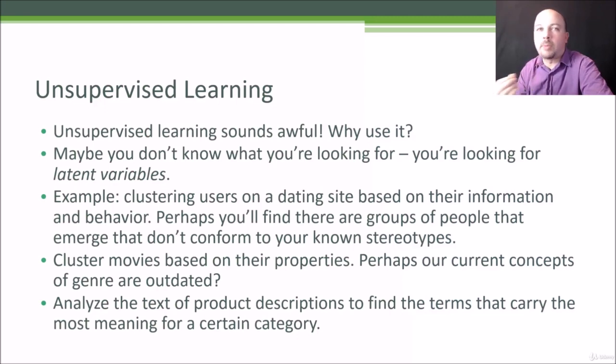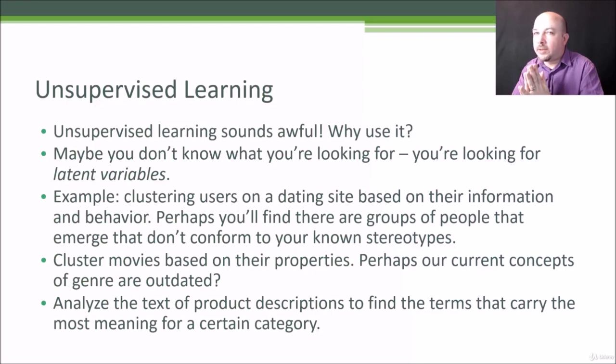So some property of your data that you didn't even know was there originally, but unsupervised learning can tease out for you. So an example, let's say I was clustering people instead of balls and dice and whatnot. And I'm running a dating site and I want to see what sorts of people tend to cluster together. Are there some attributes that people tend to cluster around, that they tend to like each other and date each other or whatever?